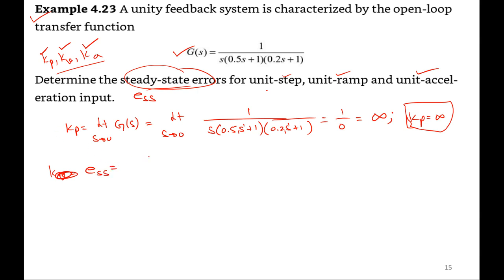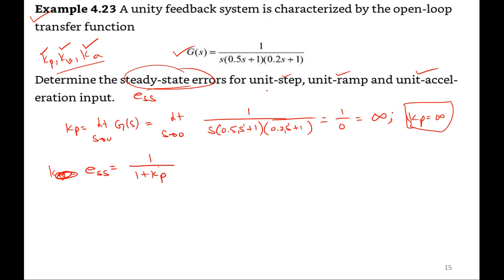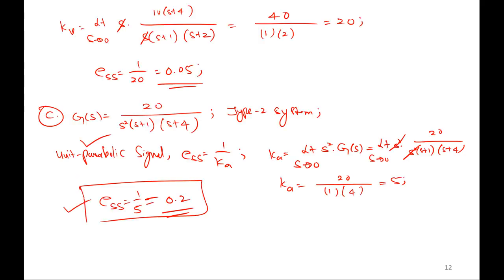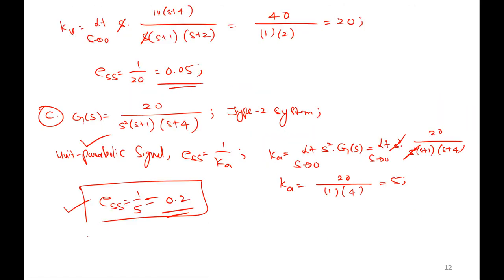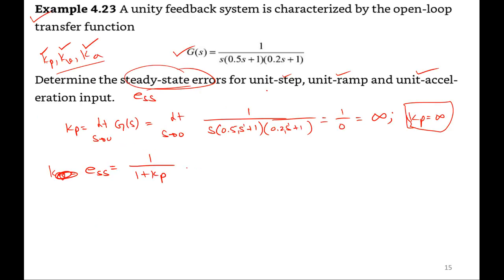With respect to Kp it is 1 divided by 1 plus Kp. We can observe the 1 by s, so this is a type 0 system. From the table, for unit step it is 1 divided by 1 plus Kp. Kp is infinite, so 1 by infinity is 0. So the steady state error is 0.